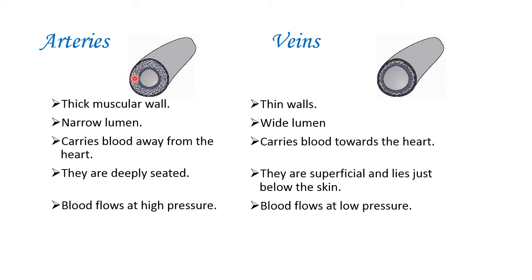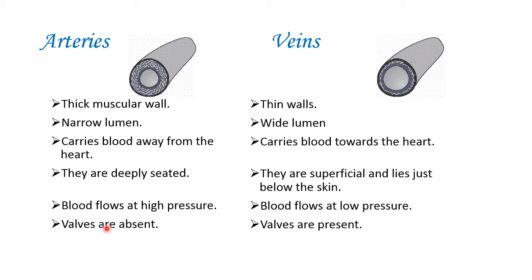The presence of the thick muscular walls has also got some significance. It is because of the thick muscular walls that arteries are able to withstand the great pressure of blood inside the arteries.